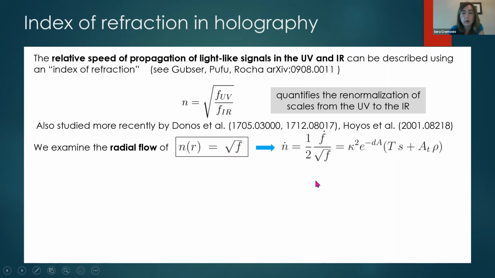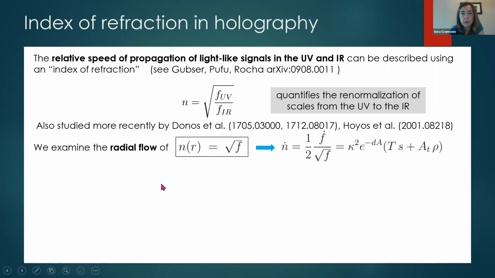So there's been some work on the index of refraction, but as far as I know, not too much work, in particular, not a lot about its general properties. So what we have done is study the radial flow of this function. We elevated the index to a function of the radial coordinate, which would interpolate between the UV and the IR. So we studied the radial flow, which was also done by these guys.